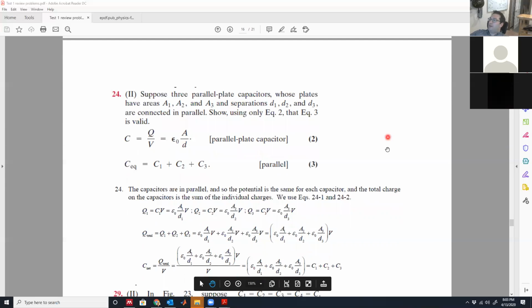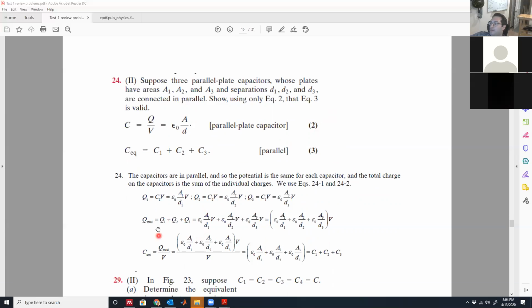So if they're in parallel, we know that the potential that each capacitor is kept at will be the same, right? So that means that we'll have this, right? Q1 is equal to C1 times V, and the same goes with Q2 and Q3, right? This is the voltage.